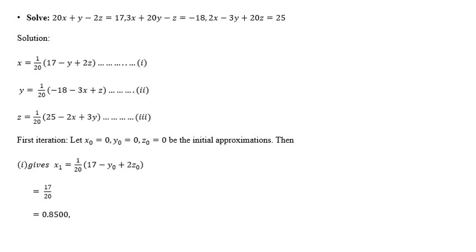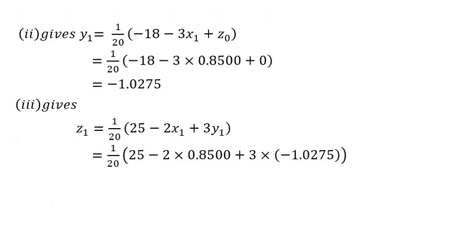Initially we can substitute x naught equals 0, y naught equals 0 and z naught equals 0. From the first equation we get x1 equals 1 by 20 into (17 minus y naught plus 2z naught). Y naught and z naught are 0, so we get 17 by 20, which is approximately 0.85. The second equation gives y1 equals 1 by 20 into (minus 18 minus 3x1 plus z naught).